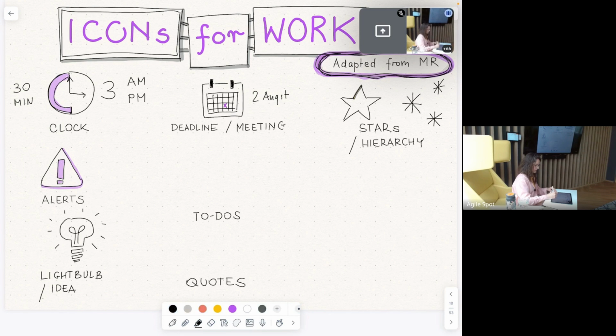Here, of course, adding some shading, or lines, and some color, for instance.